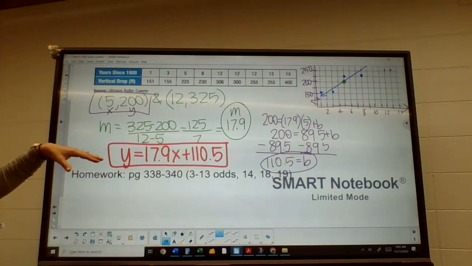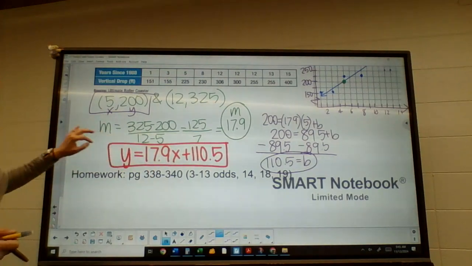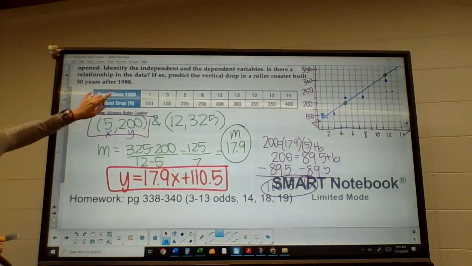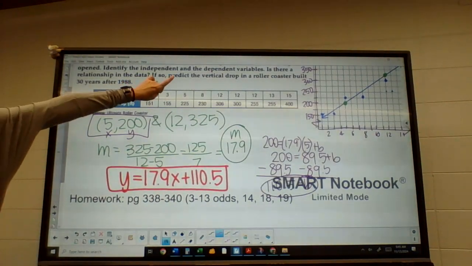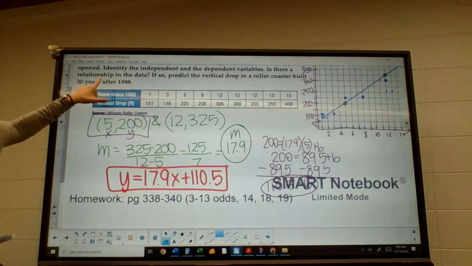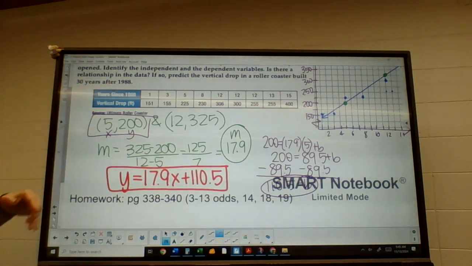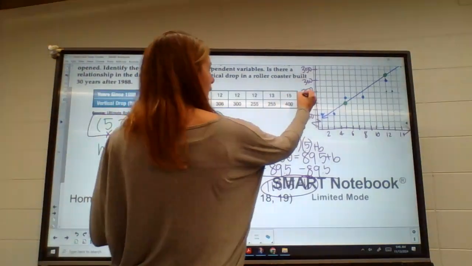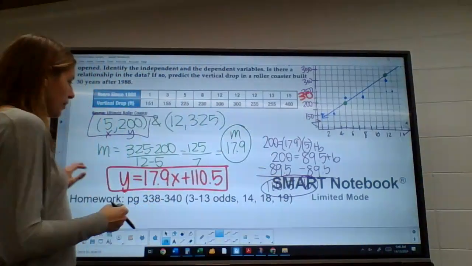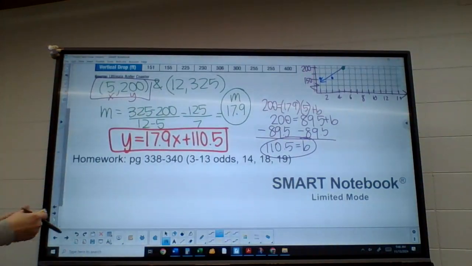So there's our equation. Now, they ask us to make a prediction, predict the vertical drop in a roller coaster built 30 years after 1988. So we're going to choose an x of 30. So we're going to put 30 in this value.